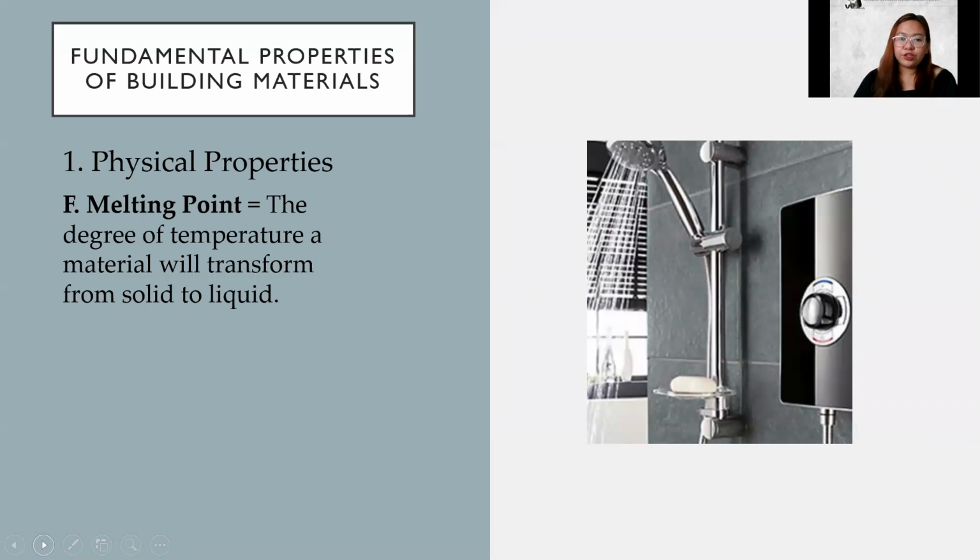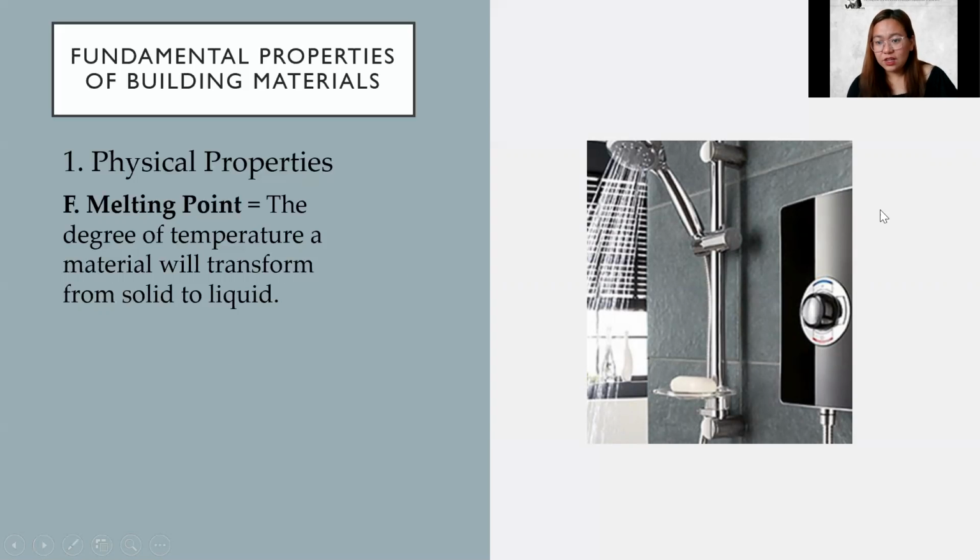So melting point. Another physical property is yung melting point. So it's the degree of temperature a material will transform from solid to liquid. So madaling intindihin, basta pag nainitan, yung materyales matutunaw. So itong example ko, ma'am, ano ba yan?